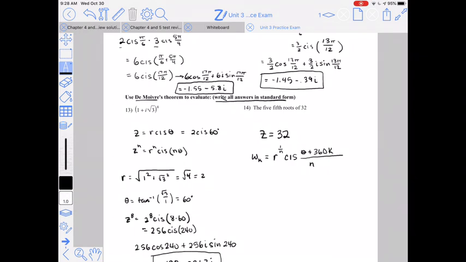And since we're doing fifth roots, we're going to have k equals 0, 1, 2, 3, 4. And for fifth roots, we're going to have n equals 5.